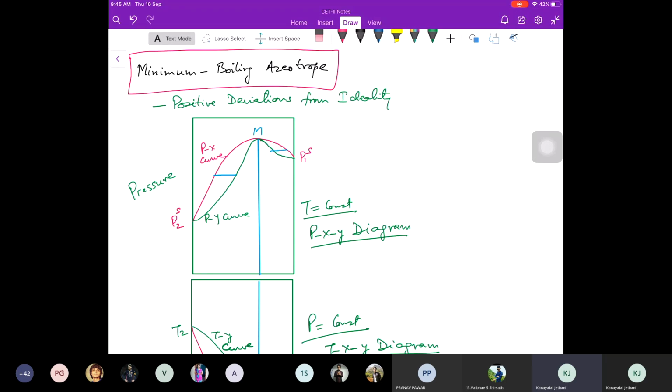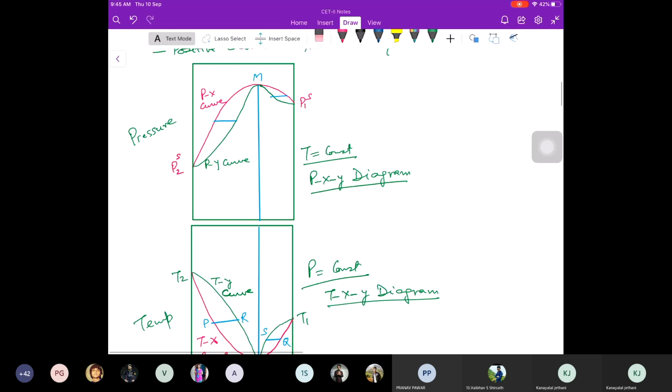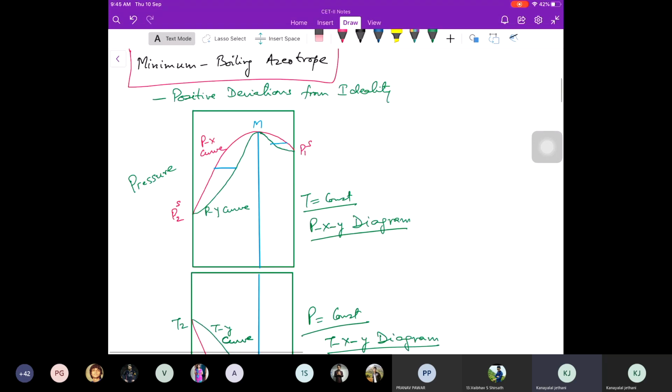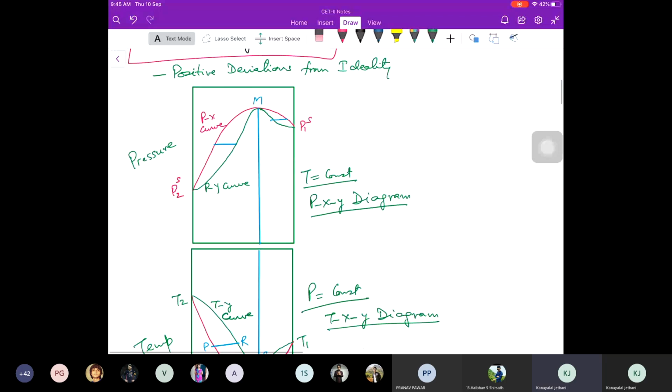So if you take a PXY diagram at constant temperature, it is a convex curve. So the shape of the curve changes. It is not like what we saw earlier, we had a curve like this, right? This was our normal curve.